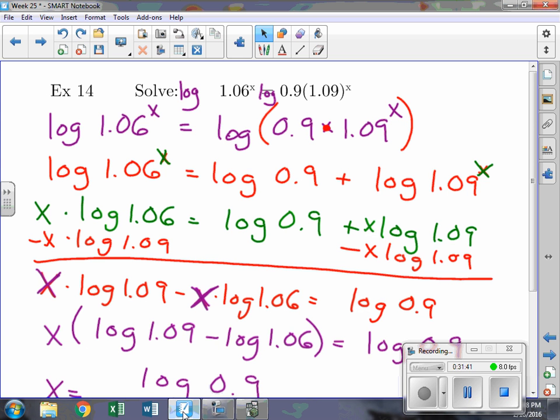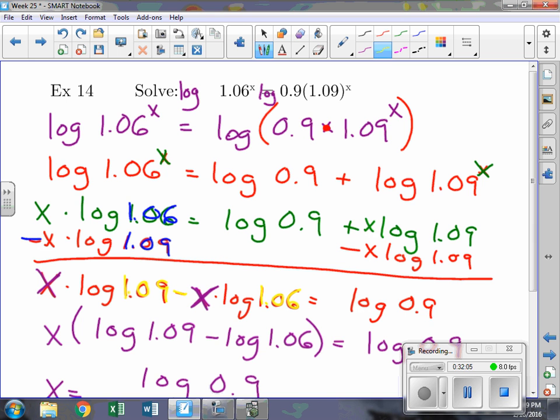Well, when we did it the first way, at this point we had the logarithm of 1.06 subtract the logarithm of 1.09. Well, at the next stage, we had the logarithm of 1.09 subtract the logarithm of 1.06. Basically, I screwed up. I switched around the order of subtraction.